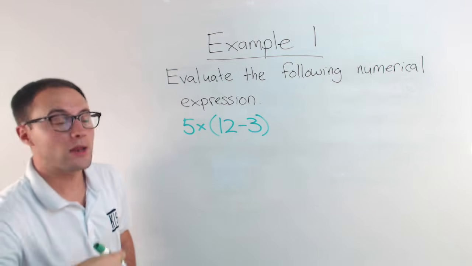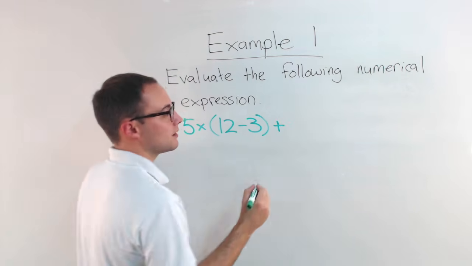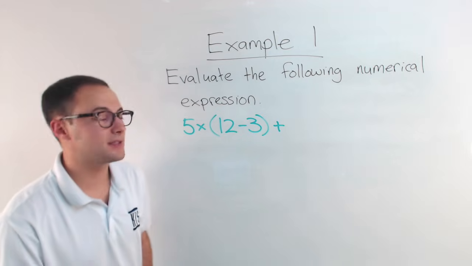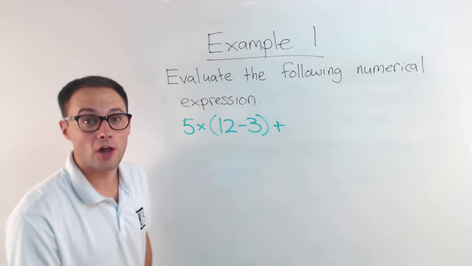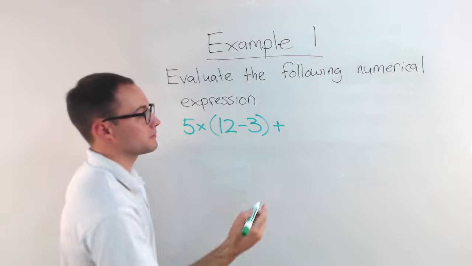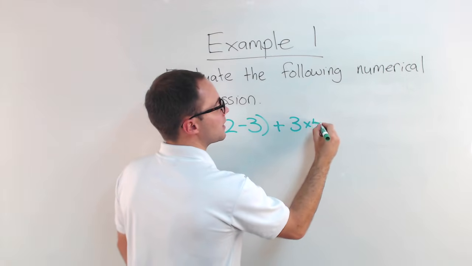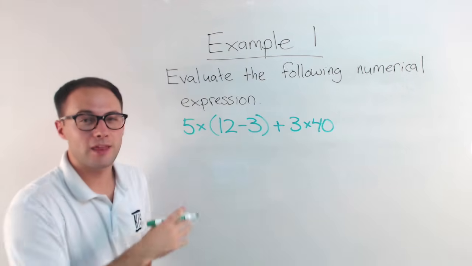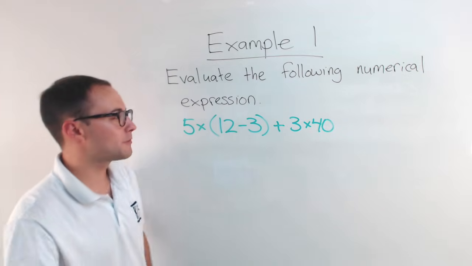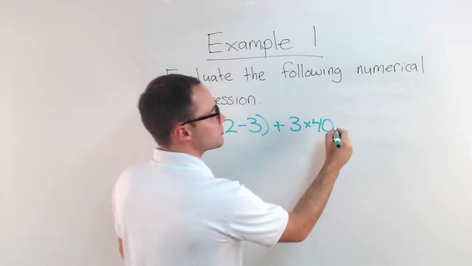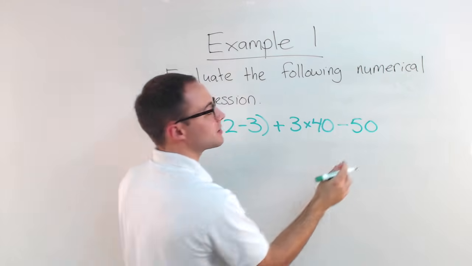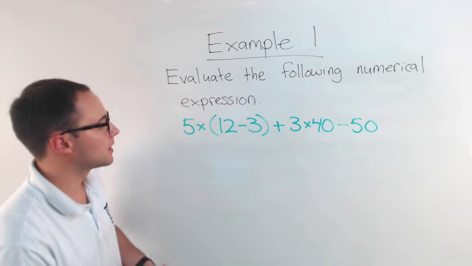Then we also have to add the cost of the pants. We bought pants that were $40 each, and we bought 3 of them, so 3 times 40. But then at the end, we had our gift certificate from dear Aunt Sally. And so we're going to subtract $50. That's how much we had worth of a gift certificate.